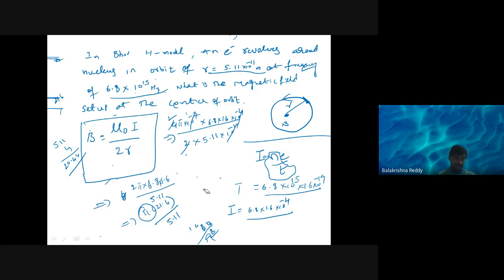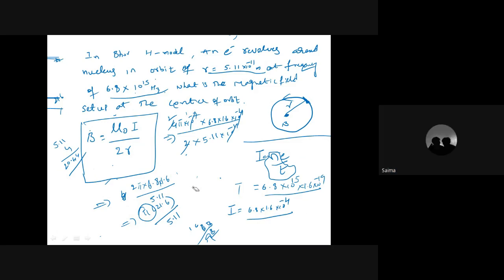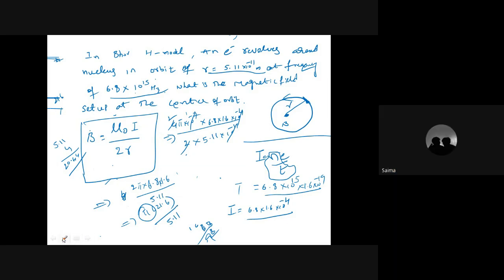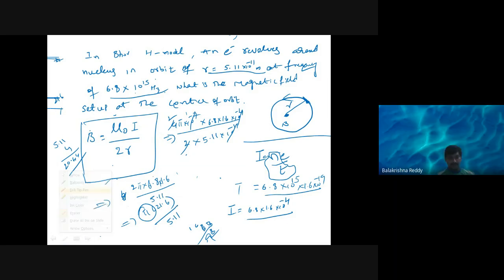What is the answer? 1 minute, sir. 21.6 into 3.14 is 67.824, divided by 5.11. Then 13.27, we have the answer. Yes. 13.27 Tesla is the answer.